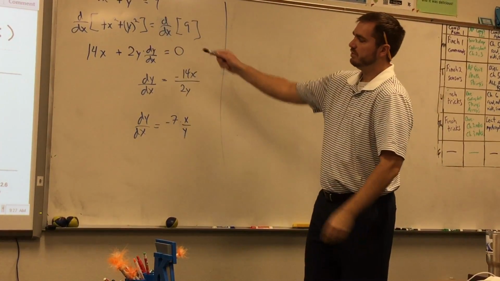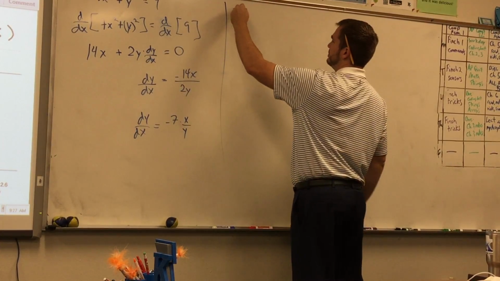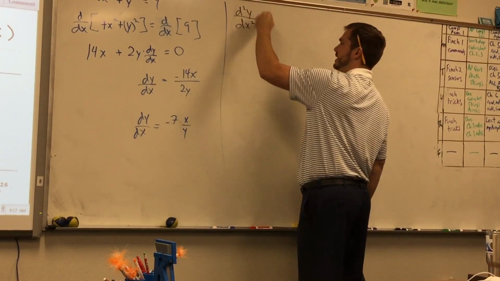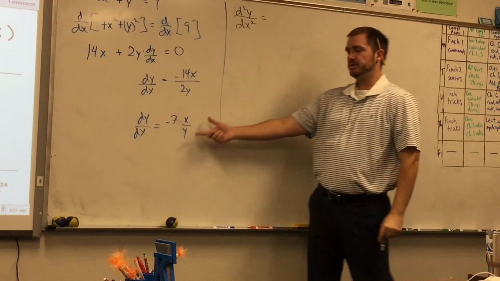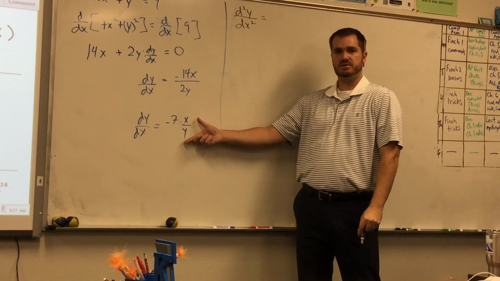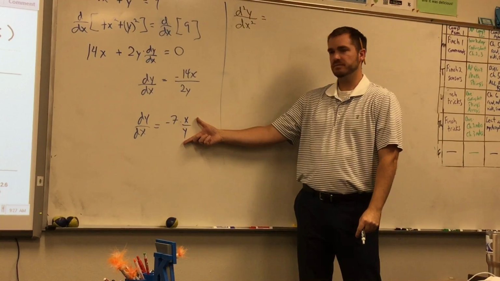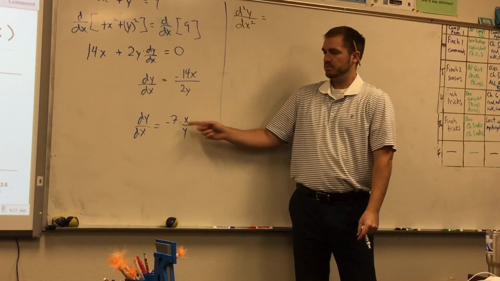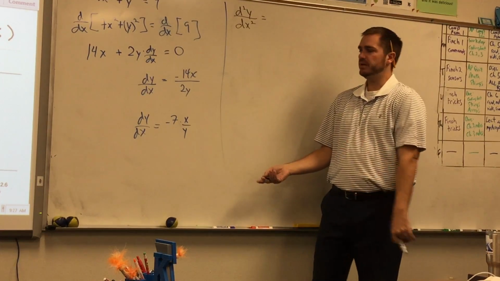So we're finding the second derivative. d squared y over dx squared is going to be the derivative of this. It's the derivative of the derivative. Now, other rules kind of make your life a little bit easier.